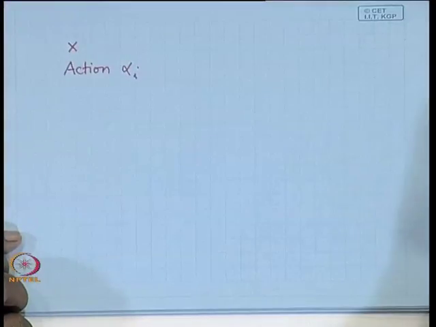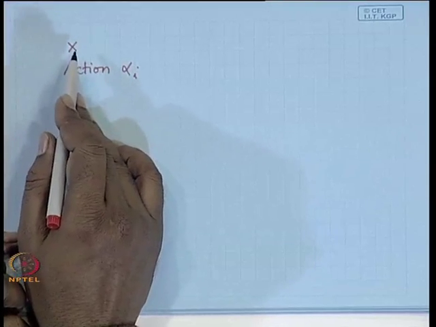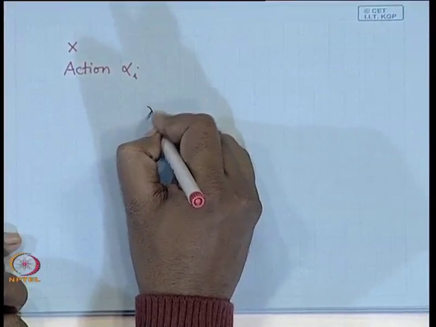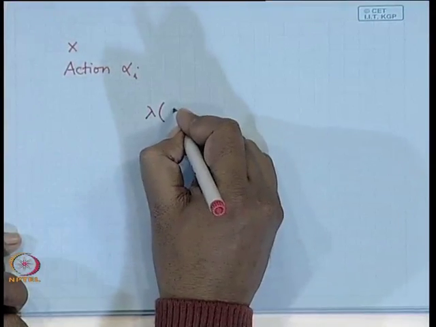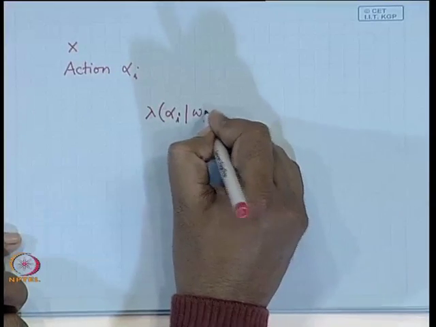So here, from this observation x we have taken an action alpha i, but we do not know what the true state of nature is. It may be omega 1, omega 2, omega 3 and so on. The true state of nature may be anything. So for each of these I will incur a loss. If the true state of nature is omega j, I incur a loss given by lambda(alpha i | omega j).